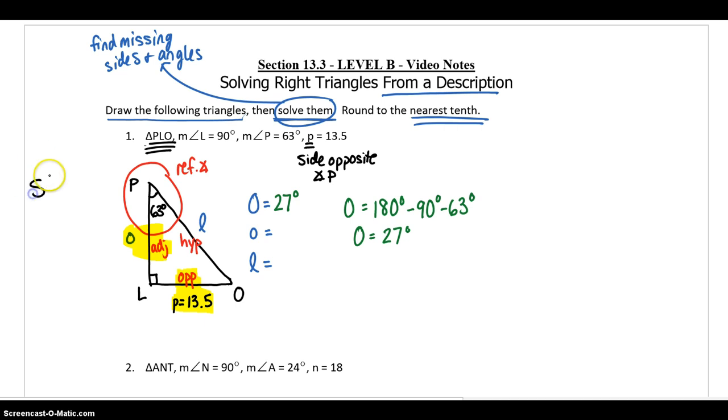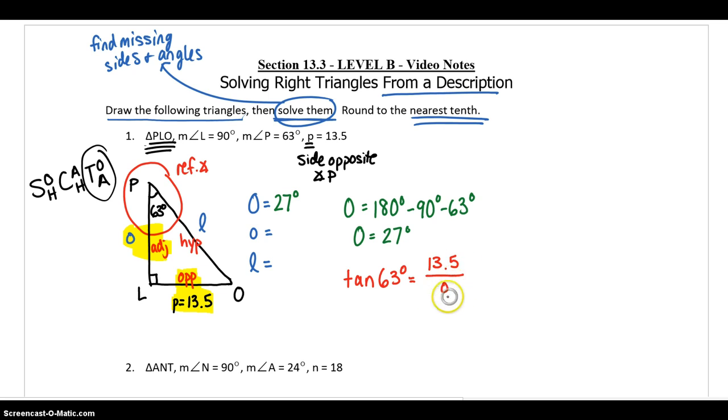Then I'm going to go ahead and write out my SOHCAHTOA so I can figure out which one to use. Alright, so I want my adjacent, I know my opposite. Opposite adjacent looks like that's tangent, so I'm going to set up a tangent equation. Okay, the tangent of my angle, which is 63 degrees, is equal to my opposite side, 13.5, divided by the adjacent side, which is O. And then I just have to solve this equation.